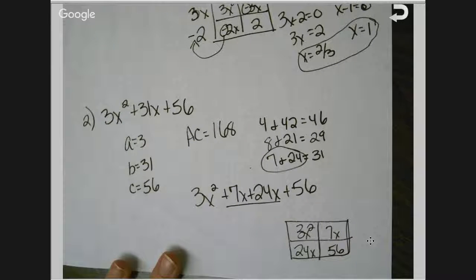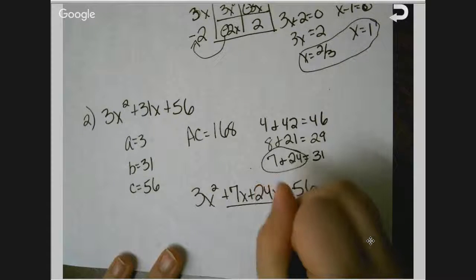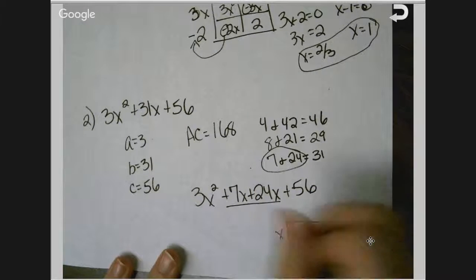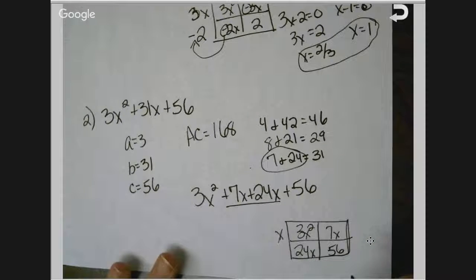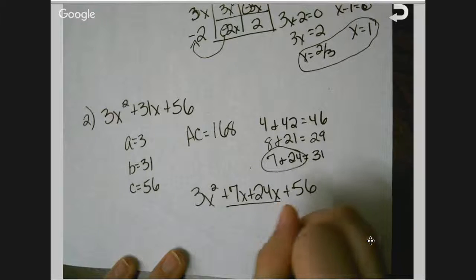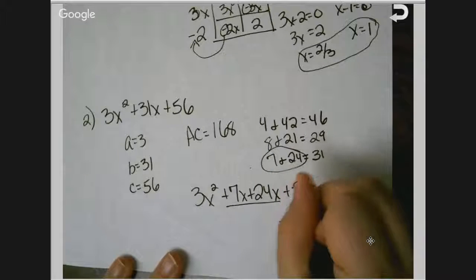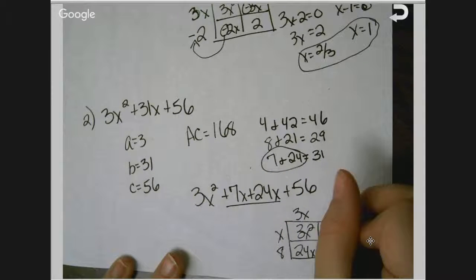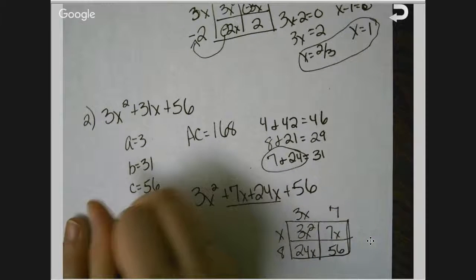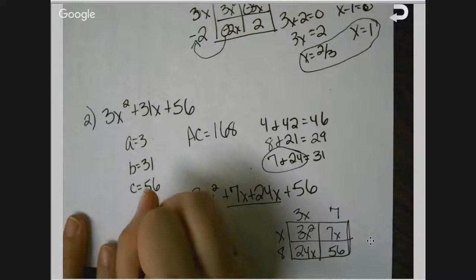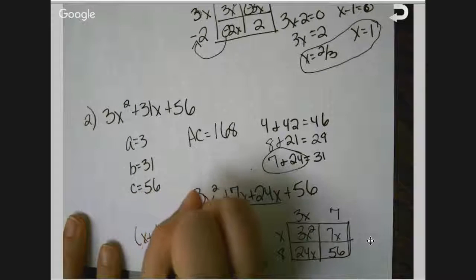Okay, so you can't pull anything out of here except for an x. And an 8. Here I could pull 3x out, and here I could pull a 7 out. So I have x plus 8 times 3x plus 7.